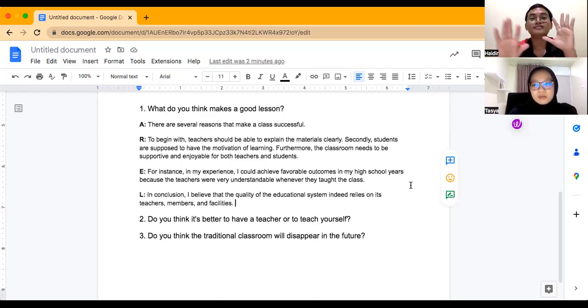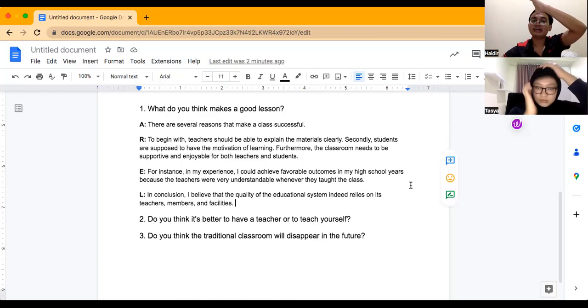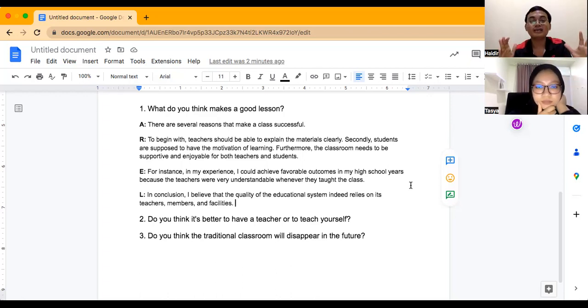Jadi analysis, comparison, contrast and compare, boleh banget. Sekreatifmu aja, intinya bentukannya AREL. Biar openingmu sama closingmu tuh nggak langsung jumping, tapi pakailah bridging, biar lebih oke, biar lebih lama ngomongnya. Oke, kita coba lagi.